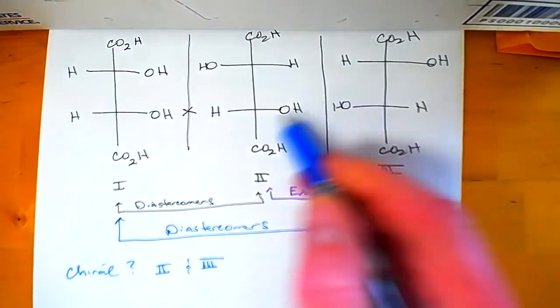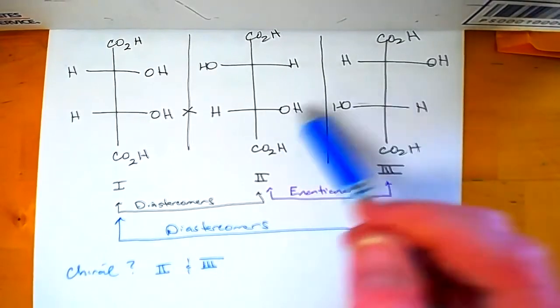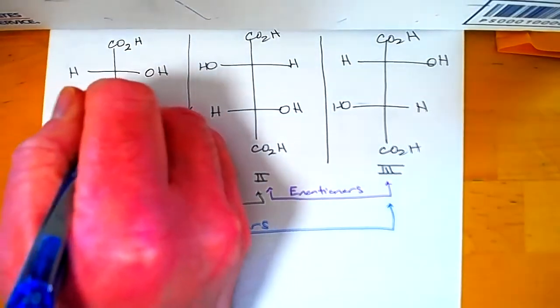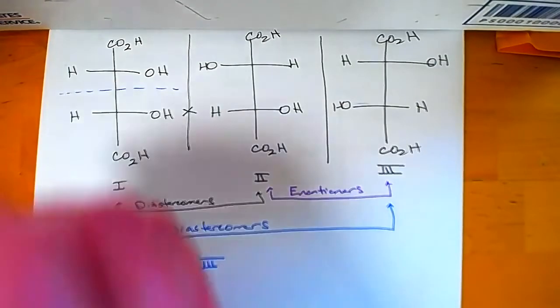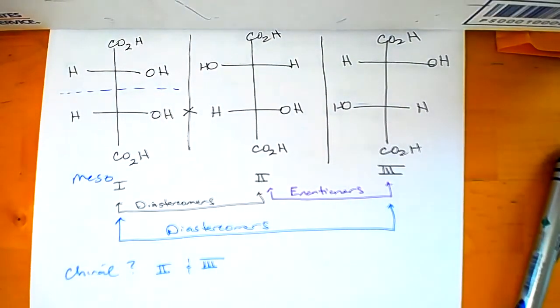They are mirror images of each other that are not superimposable, and so there's no internal plane of symmetry, whereas compound 1 has an internal plane of symmetry and is not chiral, and we would classify that as a meso compound. That's just reiterating what we had just talked about.